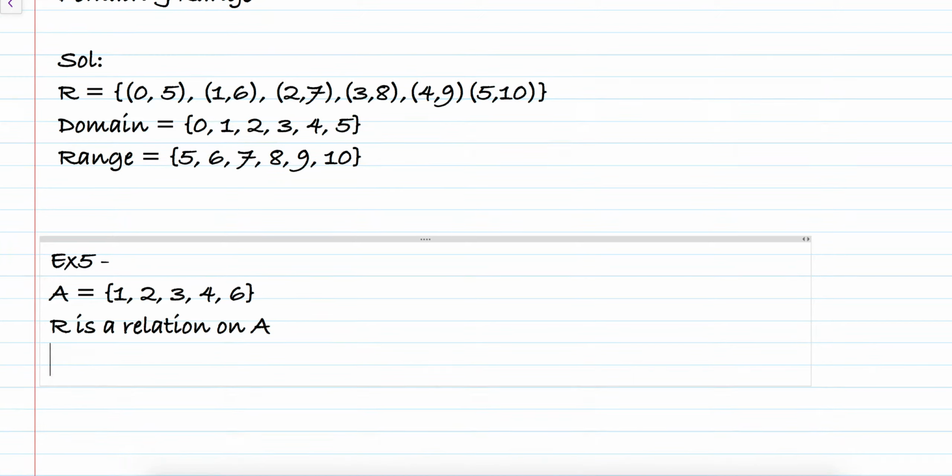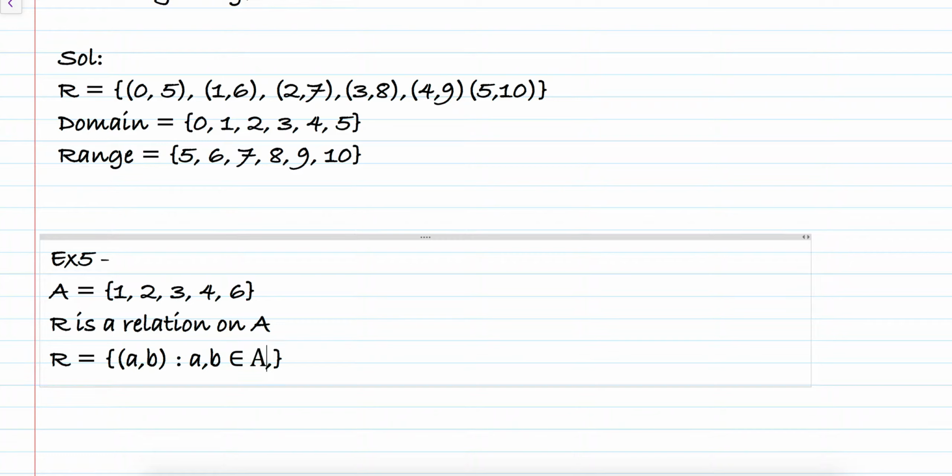It's defined as R equals the pairs (a, b) such that, as I said, both the elements of the pair will belong to set A only.